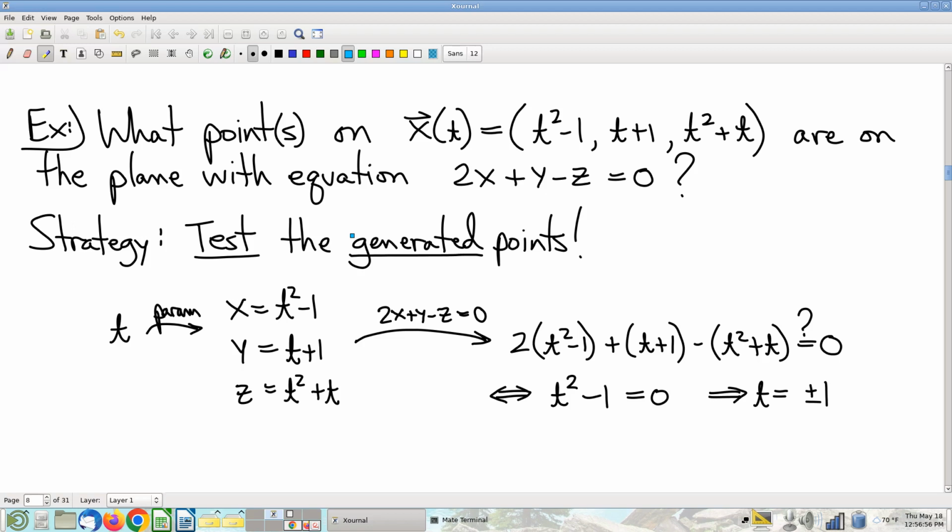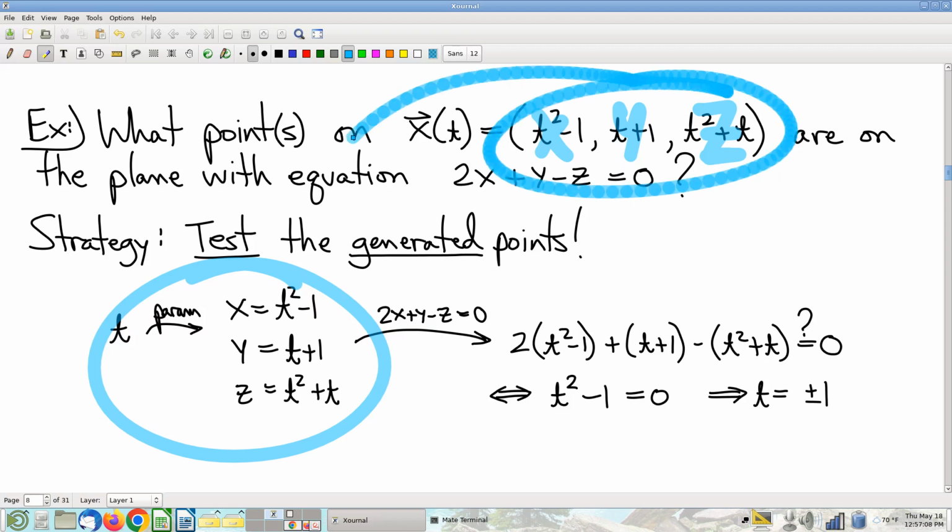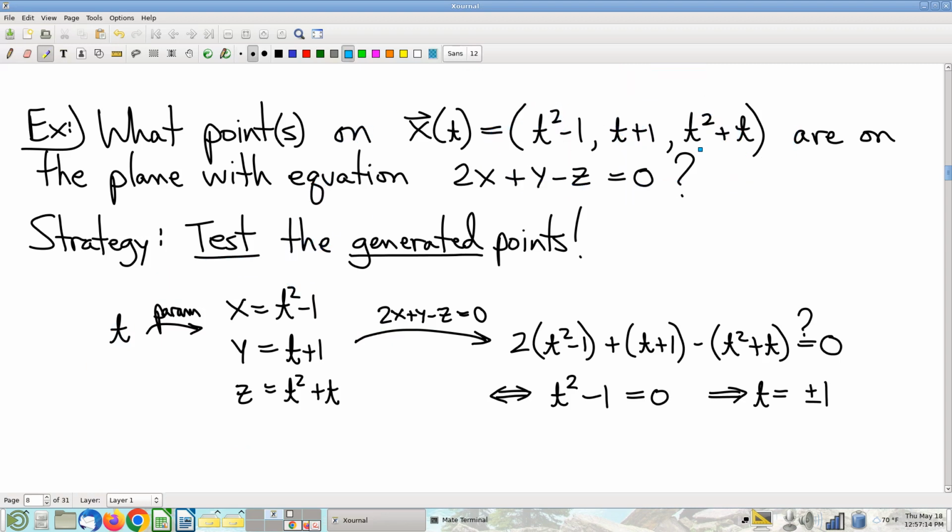Alrighty. So this is a matter of doing it. The parameterization is pretty straightforward. Don't forget that when you have a parameterization, that's telling you x, y, and z as functions of t. That's where these equations came from that define the parameterization. And then the testing. To do the test, the x I've got to plug in where the x is in the test. Namely, that's got to turn into t squared minus 1.